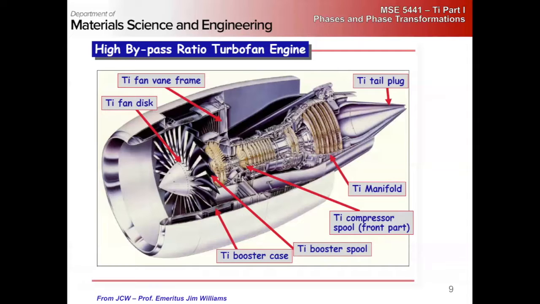But if you look at a high bypass ratio turbofan, is everyone kind of familiar with the design of a jet engine? So what's the difference between this high bypass ratio versus an older kind of jet engine design? Where's most of your thrust coming from in a modern high bypass ratio engine?